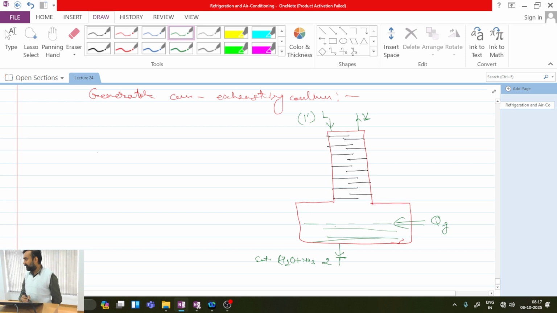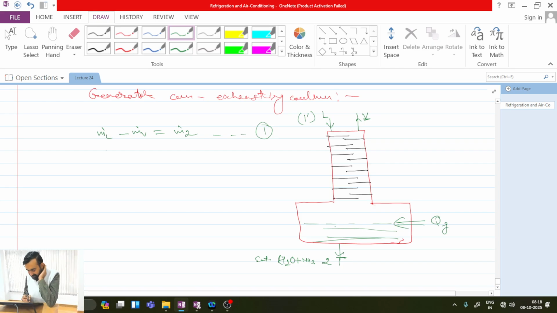We need to apply mass balance. So what is happening? m dot L mass is entering, m dot V mass is going out, and m dot 2 is also going out. This is equation number 1. Anyone is having any doubt about this?